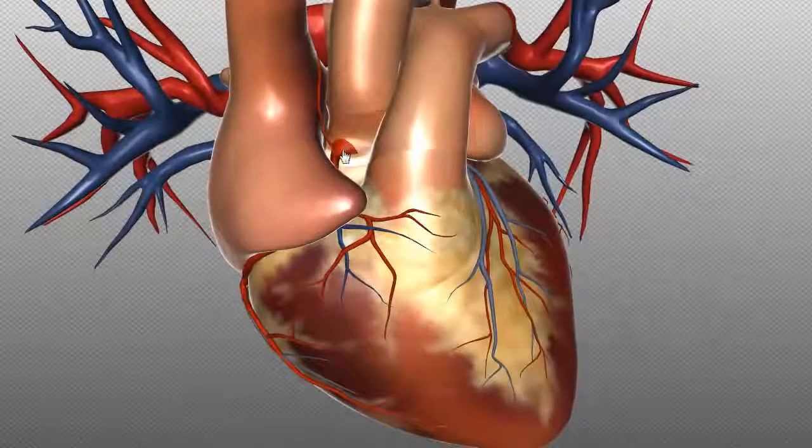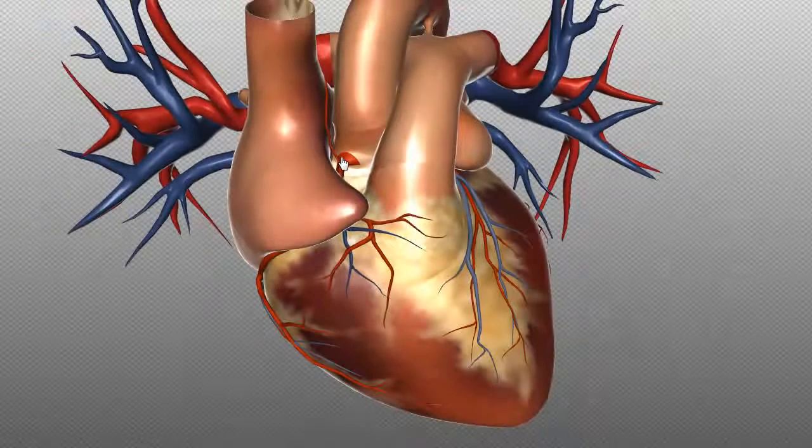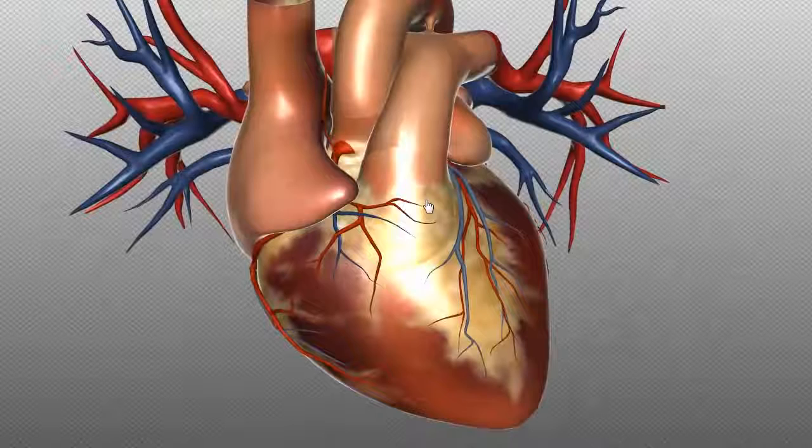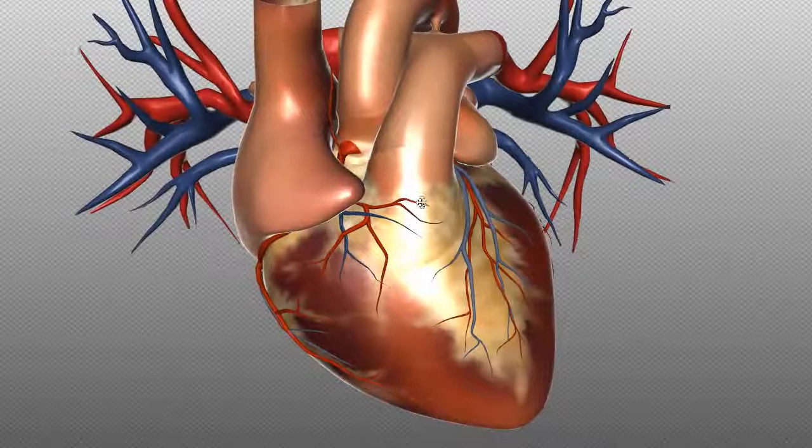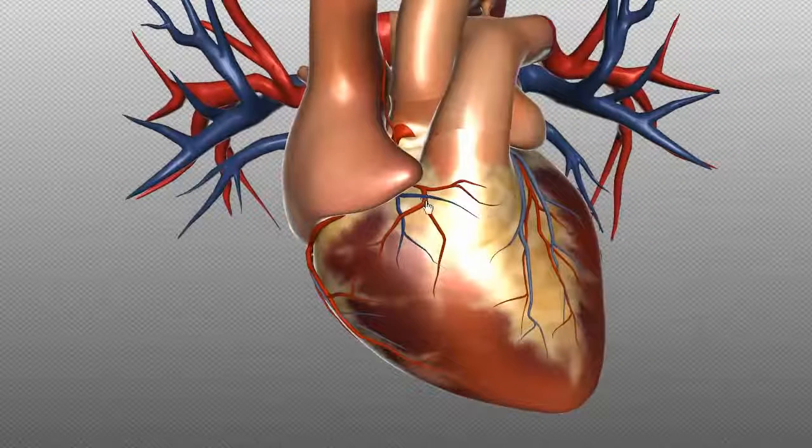So you've got these two main branches coming from the base of the aorta, the right and left coronary arteries, and they've got various branches which I'm now going to talk about. Also on the heart you've got grooves, between the atria and the ventricles, and between the ventricles. Between the atria and ventricles is a groove called the coronary sulcus.